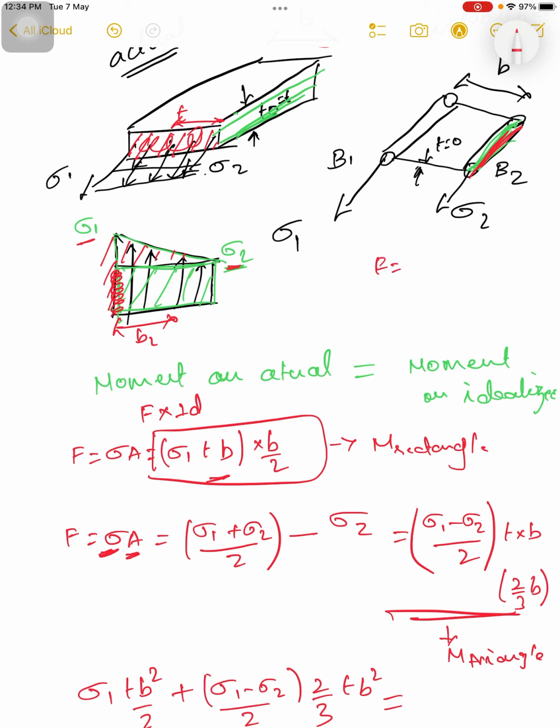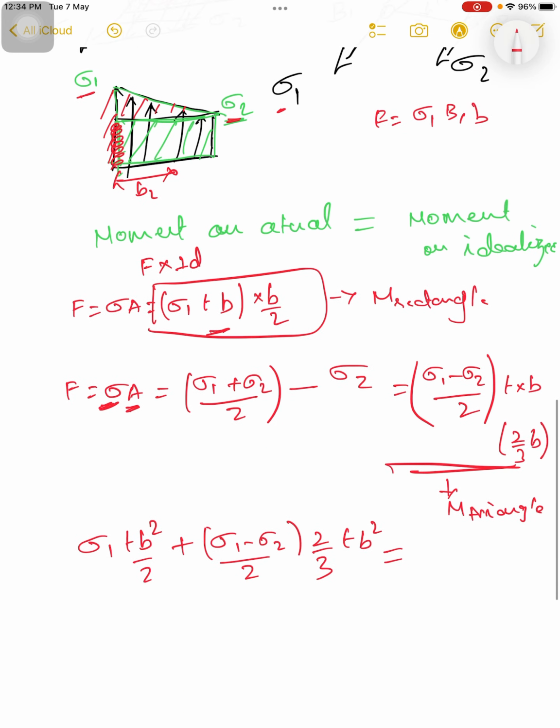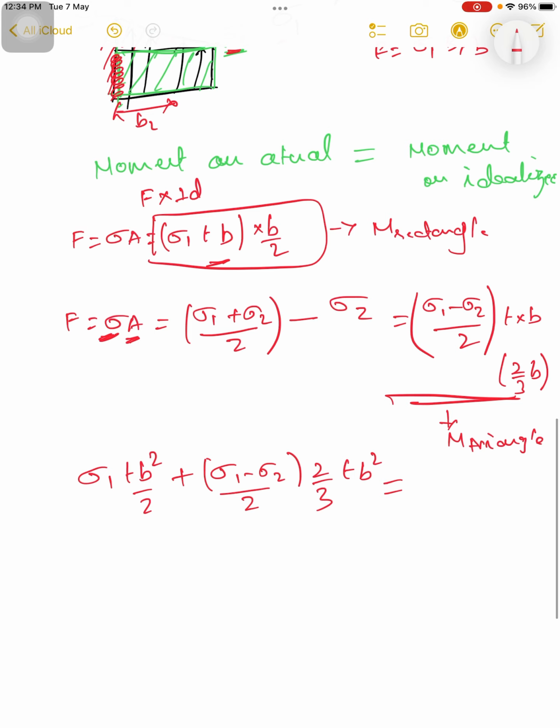What is our force? Sigma 1 into the area B1, into the perpendicular distance B. So it will be sigma 1 B1 into B.